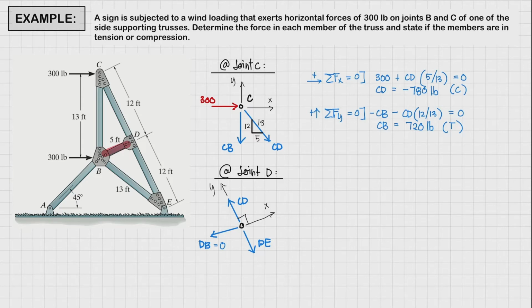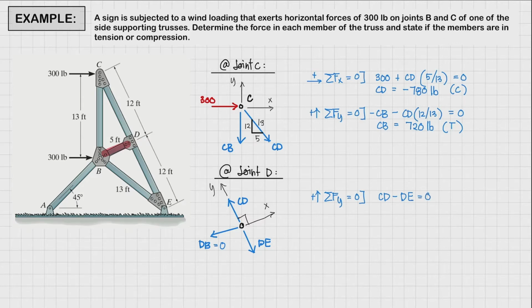So what we're going to apply is the summation of forces vertical. So we're going to assume a positive direction of upwards, and it must be equal to 0 for us to maintain equilibrium. All right. So positive for CD, since it's acting towards the positive direction of our y-axis, and then minus DE, since it's acting downwards, and the whole thing must be equal to 0.